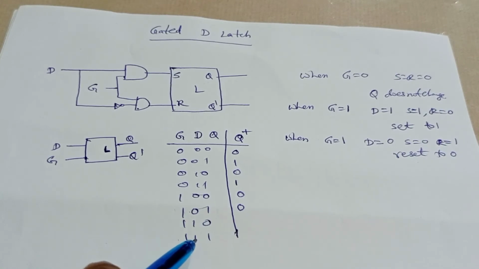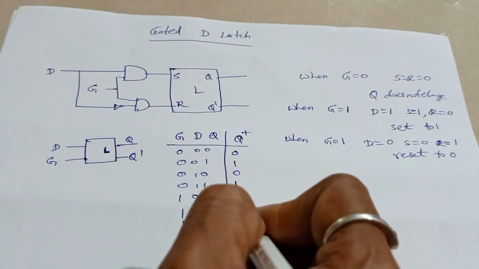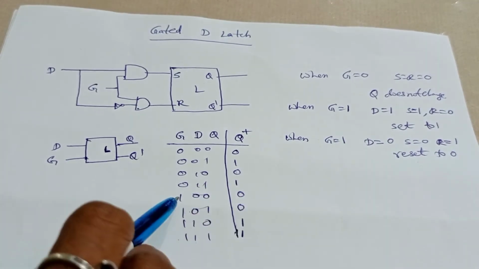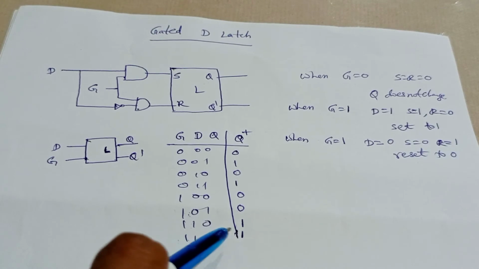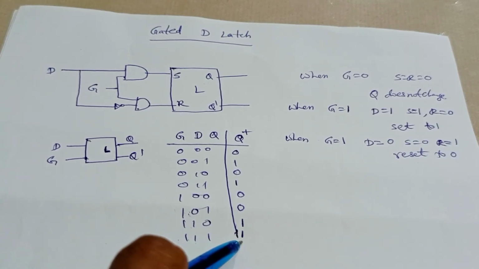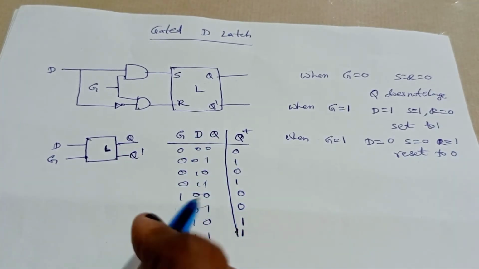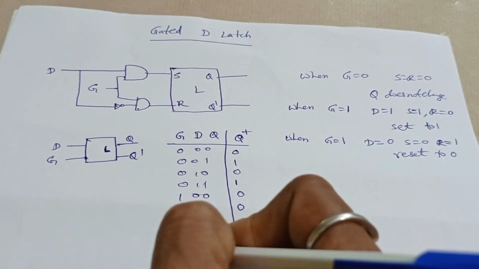And when D is equal to 1, that is set to 1. D 0 means output is 0, reset. D 1 output becomes 1, that is set. This is the truth table.